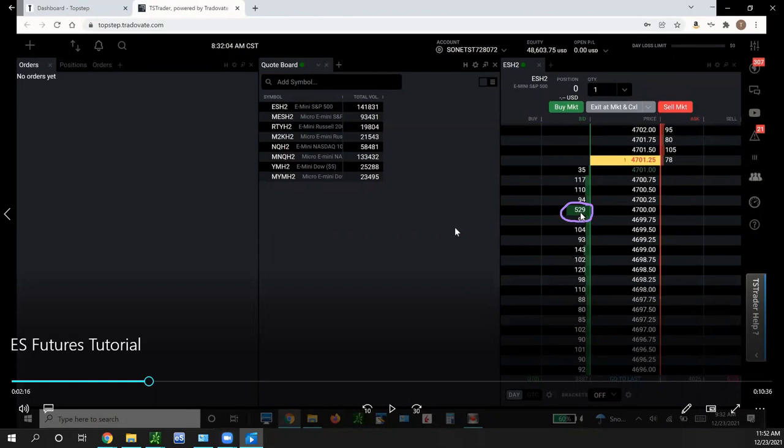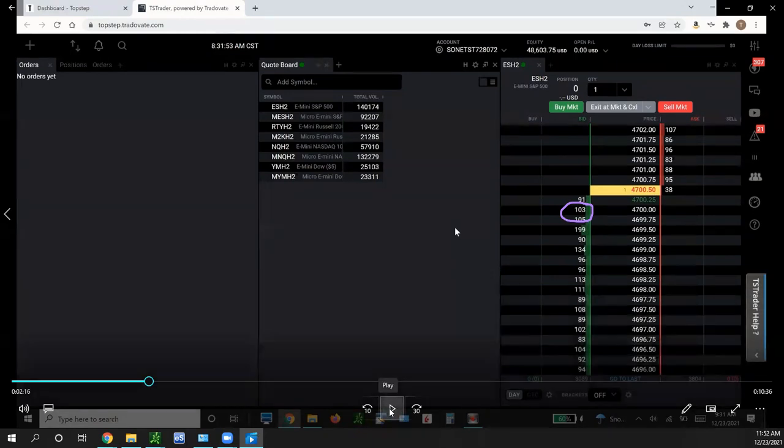So 500 is a very significant number to be at. Let me rewind it 10 seconds, and you can see it got above the 4,700. And it had 103 orders at that point in time. So it was very similar to all the other levels on the S&P futures.